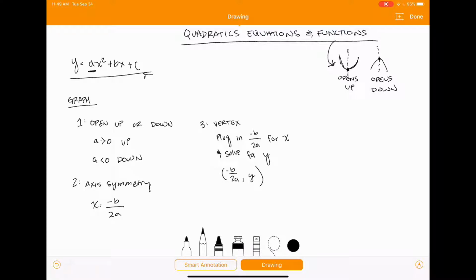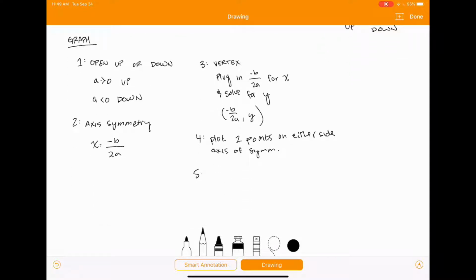And then next you're going to plot 2 points on either side, so one on each side of your axis of symmetry. And then finally, you're going to draw your curve.